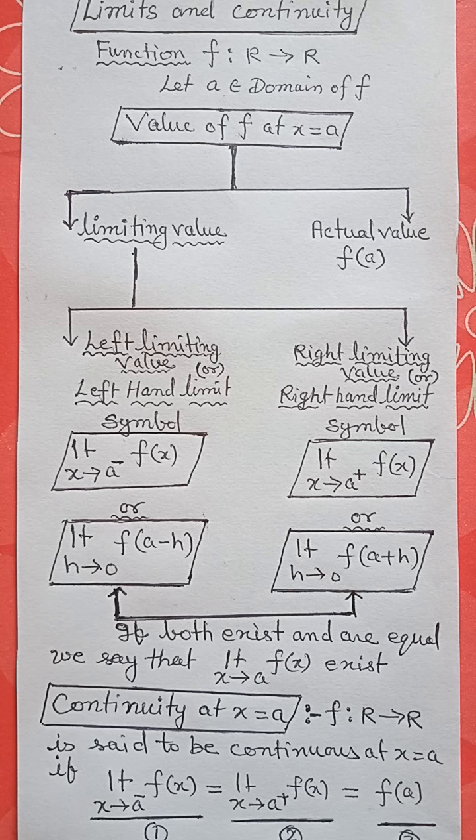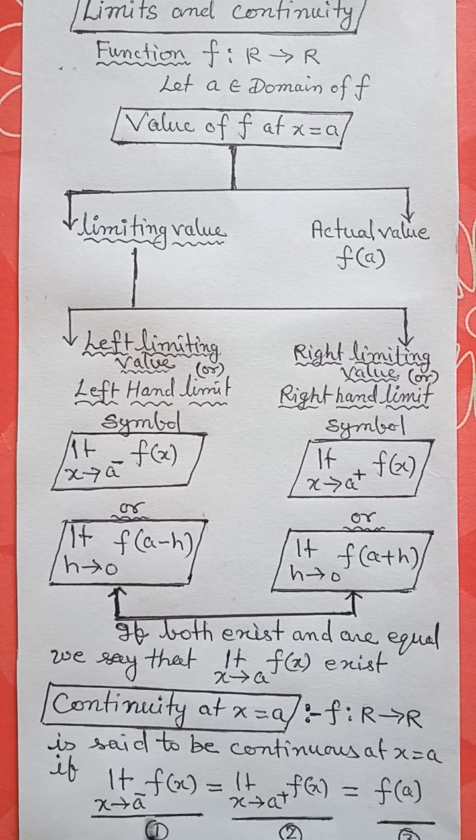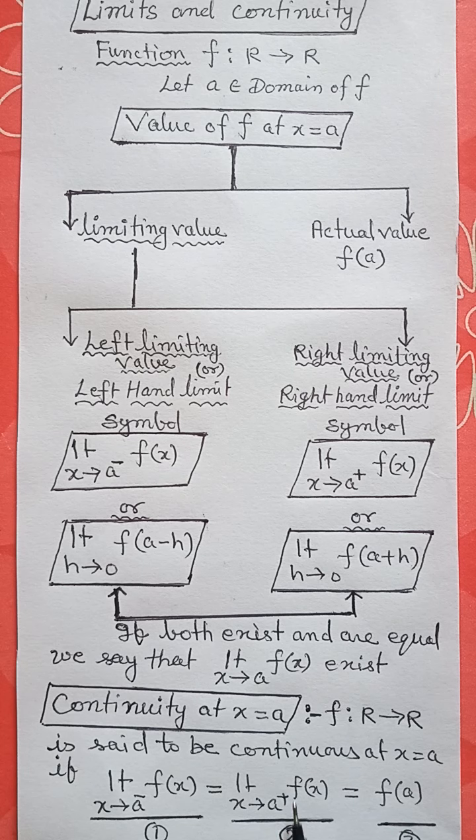Now let us look at the definition of continuity at a point. Continuity at x equal to a: a function, of course a real function from R to R, is said to be continuous at a point x equal to a of its domain if the left hand limit at a is equal to the right hand limit at a is equal to the actual value of the function.